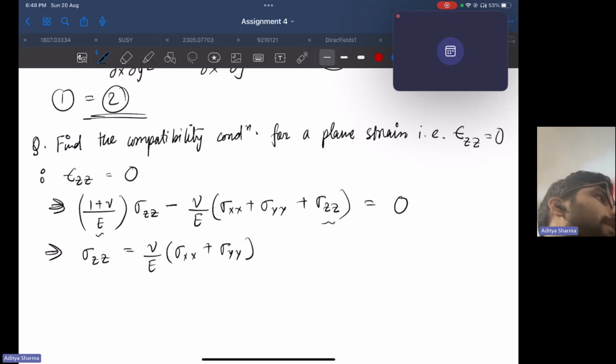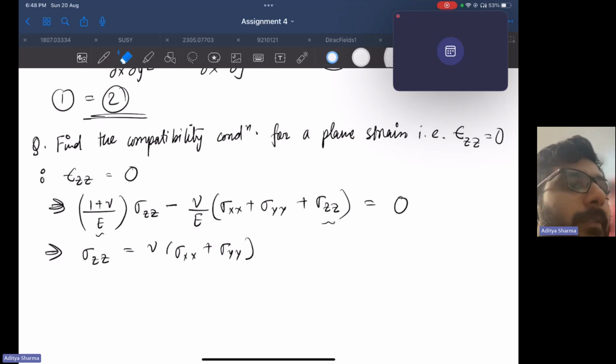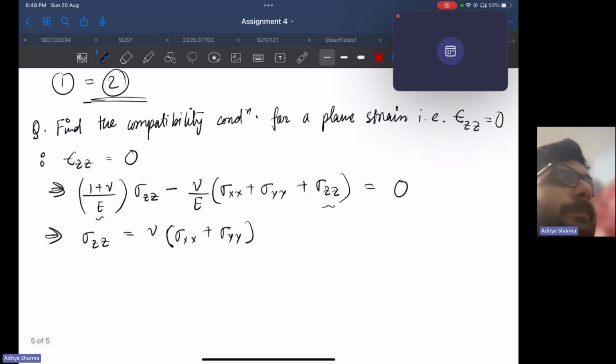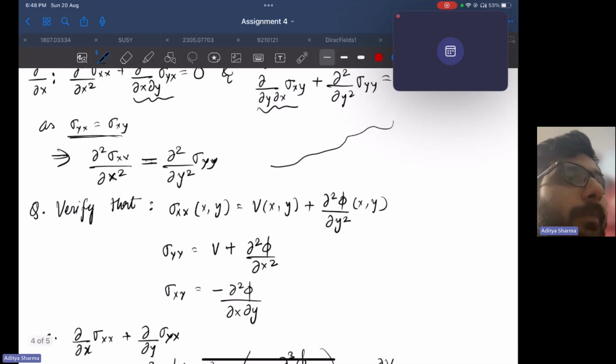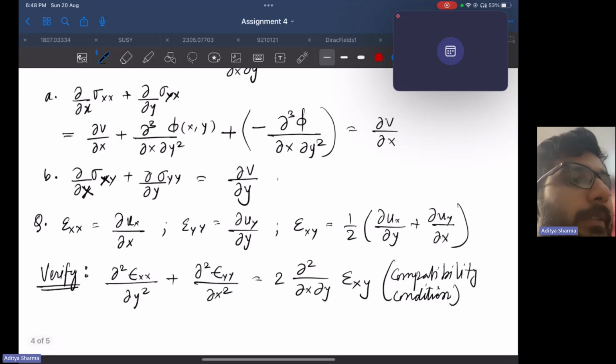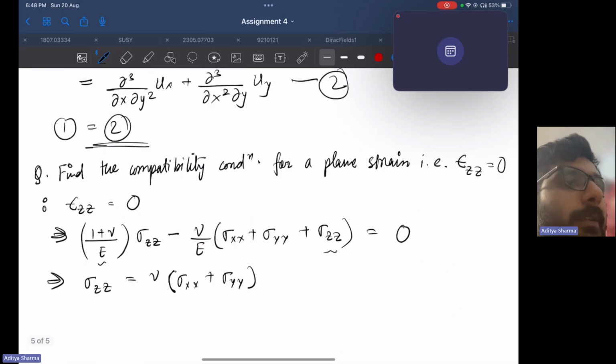So we know that the stress in the zz direction is related in such a way. Now we'll put this in the compatibility condition. Okay, we got sigma zz. Now we need to find sigma xx, yy and xy to put in the compatibility condition.